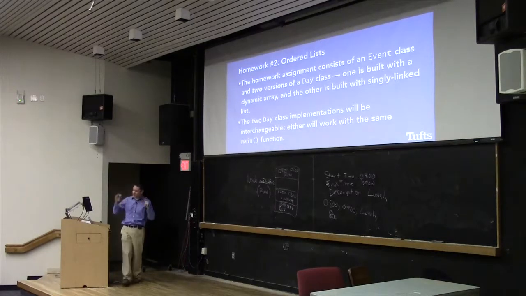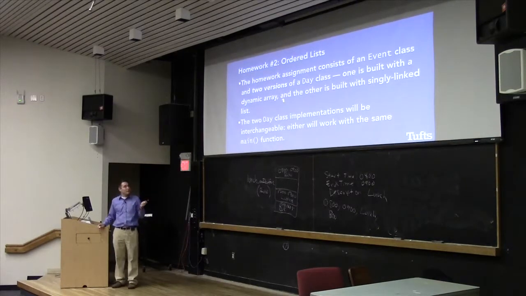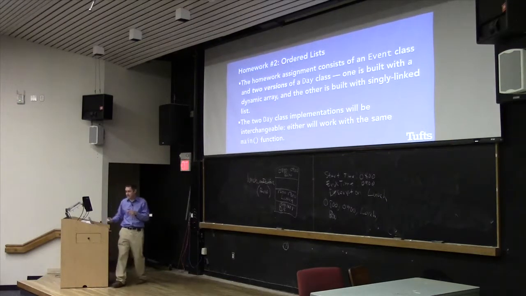The way you get it to run either one or the other is you just tell the makefile, make the one that's a linked list, or make the one that's the dynamic array. Any questions on that? You'll get into the details when you start looking at it. But you need to do two different implementations, so you get practice on both. Okay, interchangeable. Questions on that?